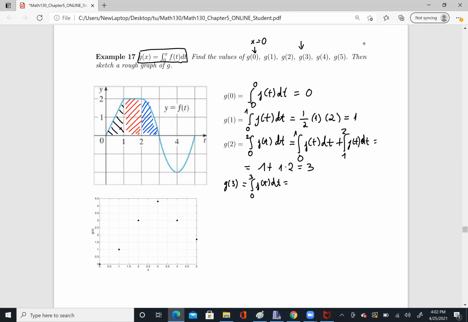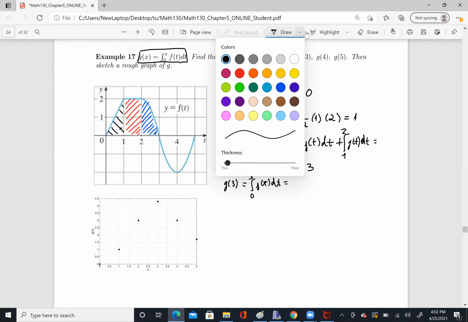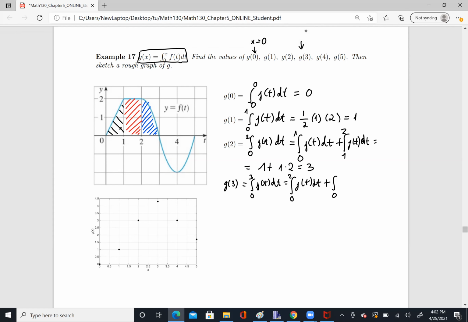So I can write it as the integral from 0 to 2 of f of t dt plus the integral from 2 to 3 of f of t dt.